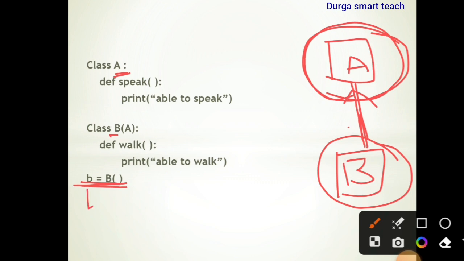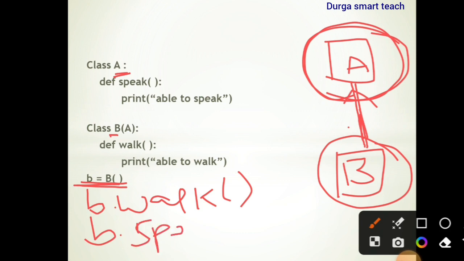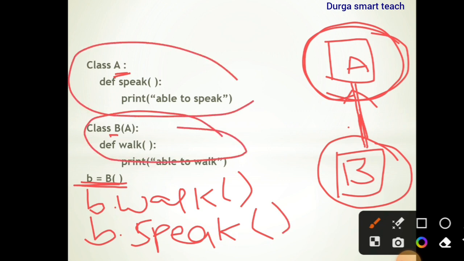Now you can access the walk function as well as call the speak function. By using only one object we can access all the properties of class B and class A, because B is a subclass and A is a superclass.